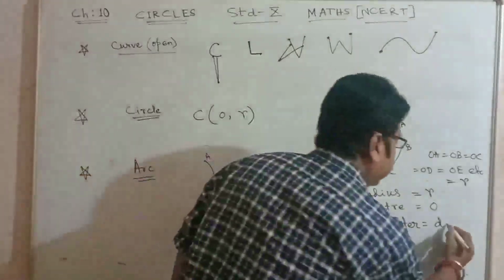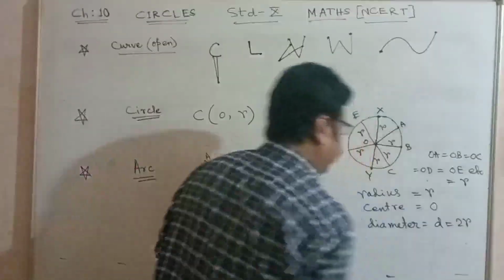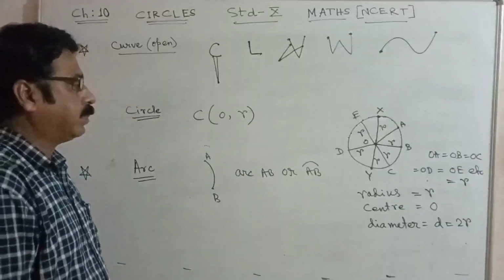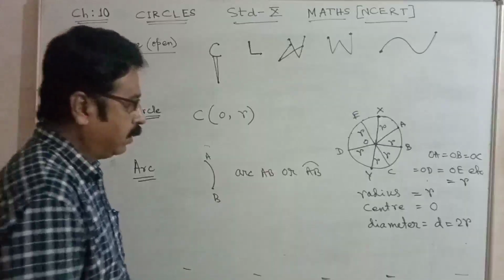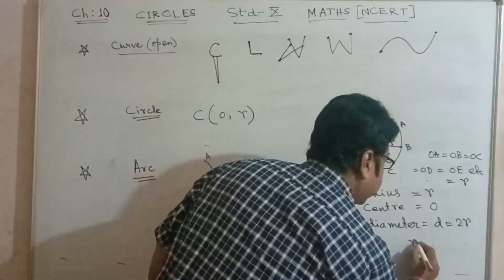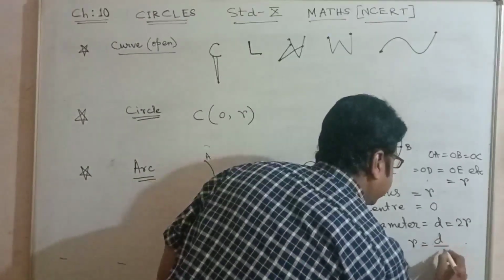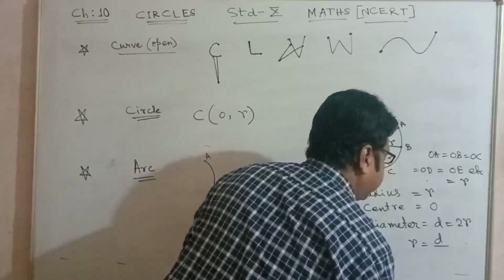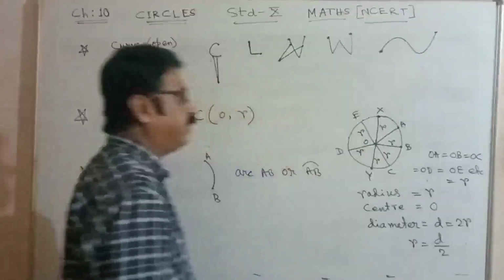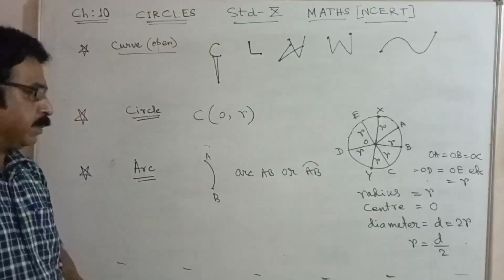We can write D equals 2R, or we can write radius is half the diameter, R equals D upon 2.